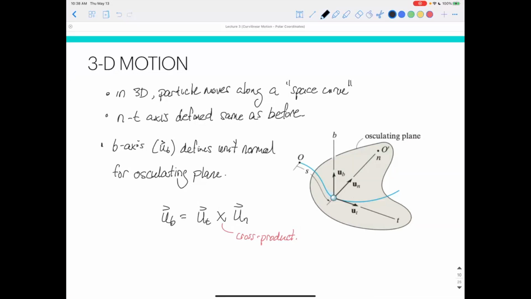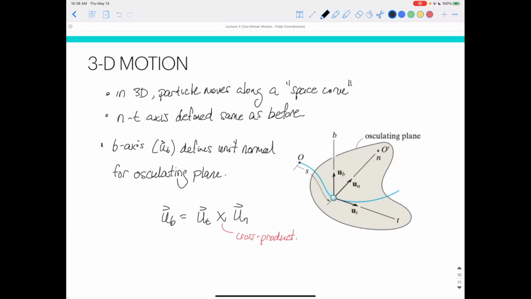So in that oscillating plane, whatever direction that happens to be at any instant in time, there is no motion in or out of that plane. All the motion is contained within that plane at that instant in time. So all of our motion is UT and UN. So likewise, we can rearrange this equation if we know at some point in time where the oscillating plane is, and we can describe that vector UB.